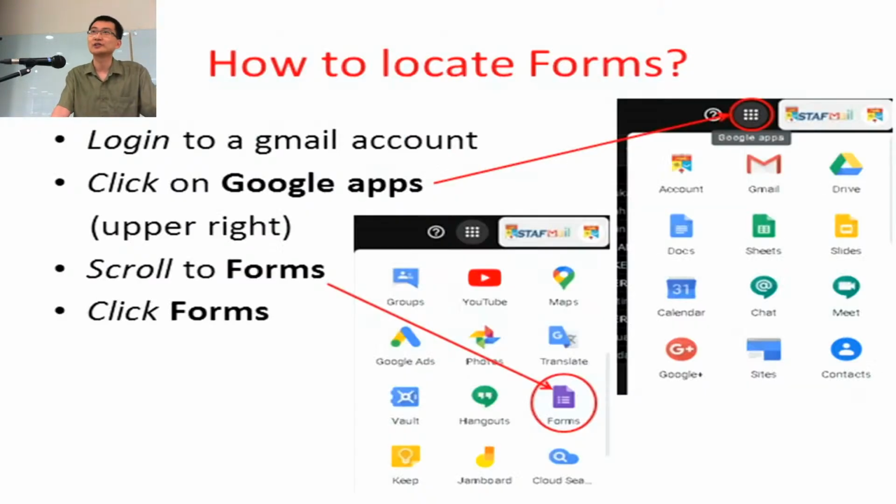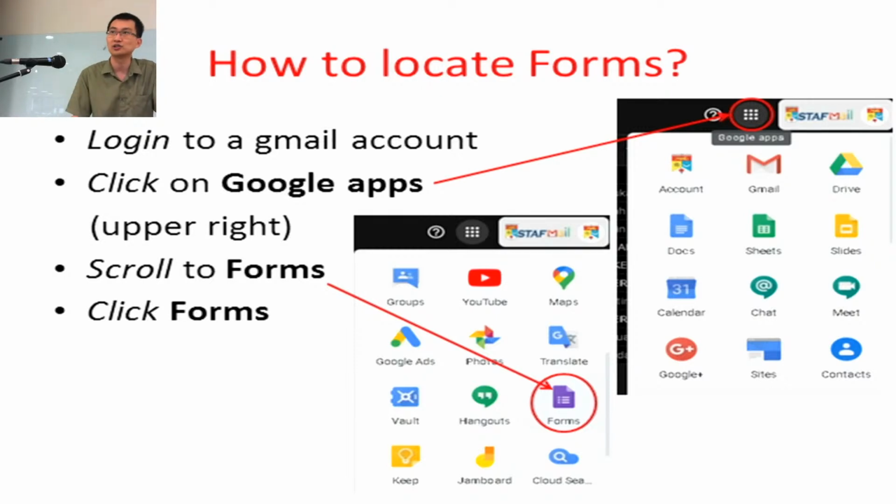Okay, so the first most important part is you must be logged in to the Google account. One easy way is to log into Gmail. Once you're logged into Gmail, you are also logged into your Google account. All of us do have a Gmail account in the form of a PPUKM email.